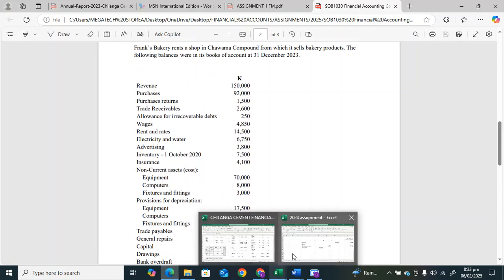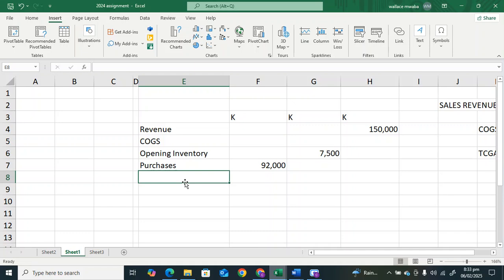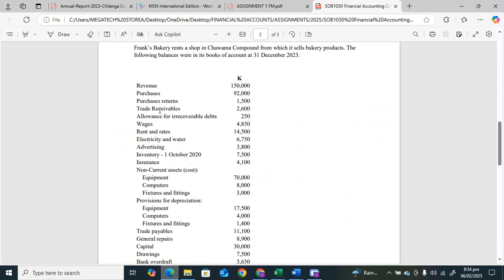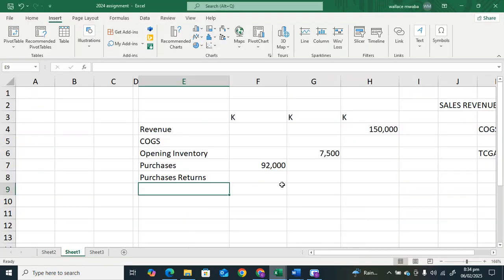So, colleagues, what are purchases returns? Yes, purchase returns.